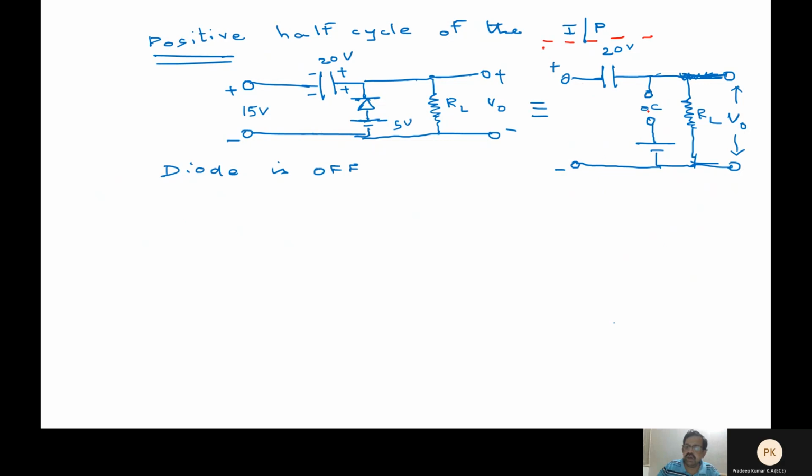This diode is off. So it offers infinite resistance. There is no current flow. So we can actually assume as if this entire path is unavailable or it is redundant because it is open. So the KVL has to be applied again in this dashed path.